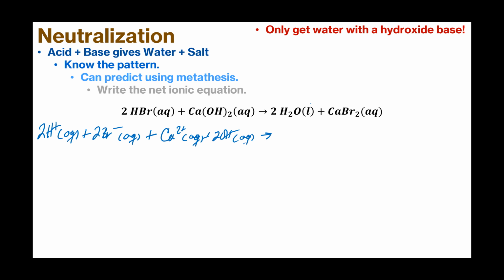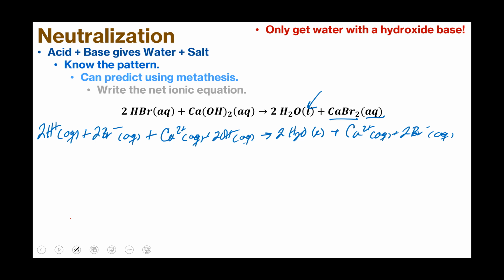Water is a non-electrolyte. This is 2 water, liquid, so it stays together. Calcium bromide is ionic and aqueous, so it comes apart: Ca2 plus aqueous and 2 Br minus aqueous. With our complete ionic equation, we can cancel out spectators.